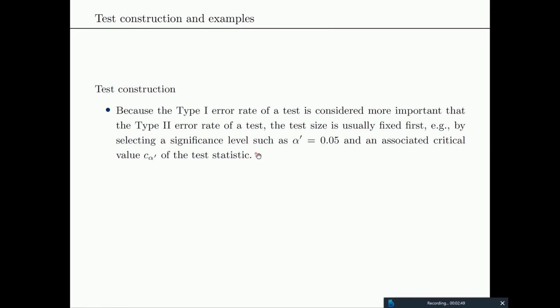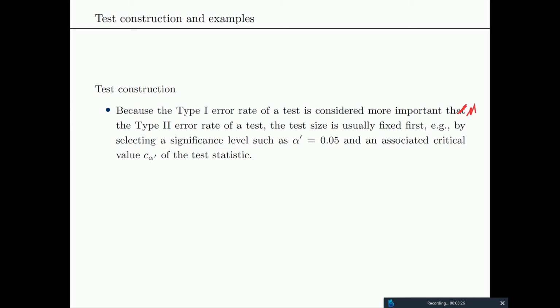So with regards to test construction, it's again first important to appreciate that people believe that type 1 errors are worse than type 2 errors. So this is written up here: the type 1 error rate, so the probability of a type 1 error, is considered more important than the type 2 error rate of a test.